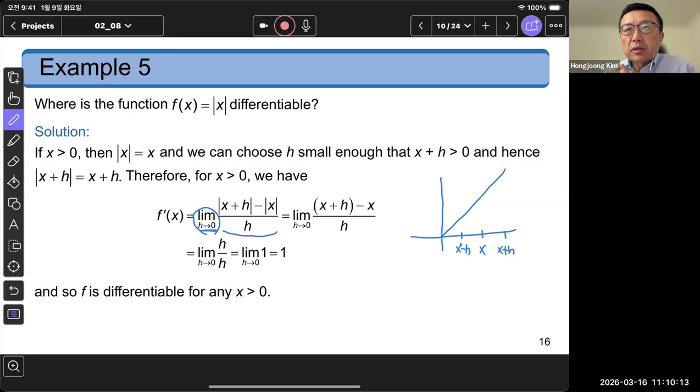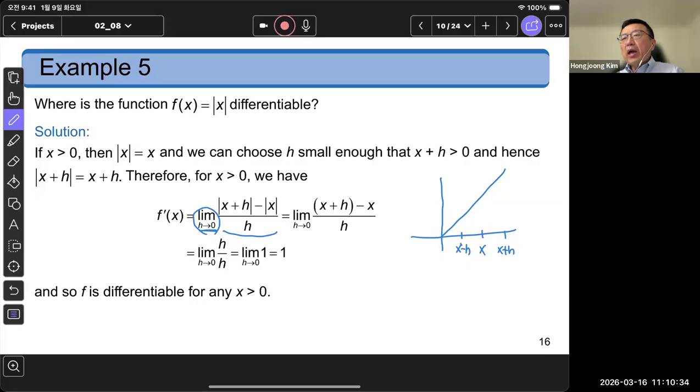Even when h is a negative value, since I'm considering the limit as h goes to 0, I can assume that x plus h will be positive because I'm considering very small, tiny h, right?